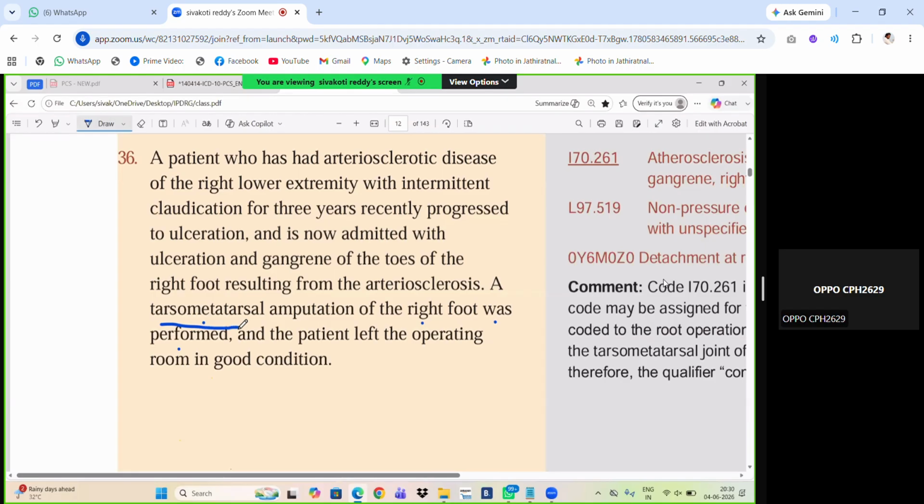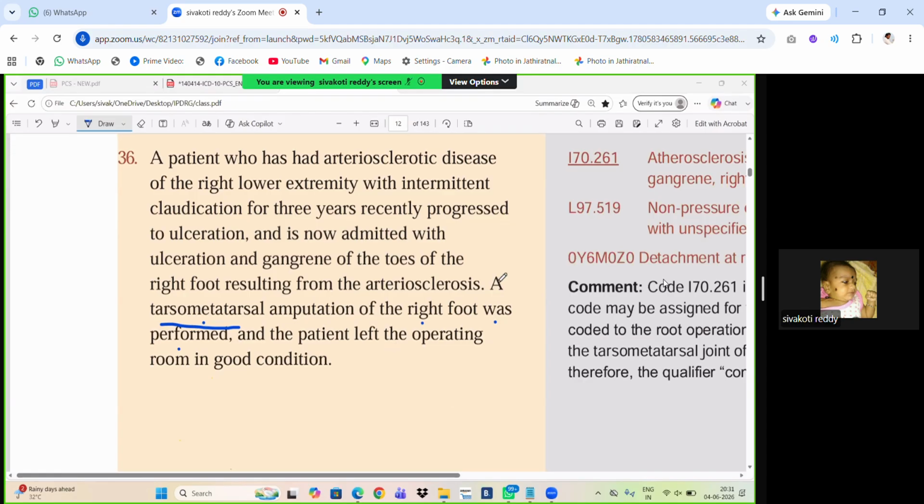Tarso metatarsal of the right foot. The exact location should be tarso metatarsal in the foot where it is performed. Also we need to find the body part accurately.